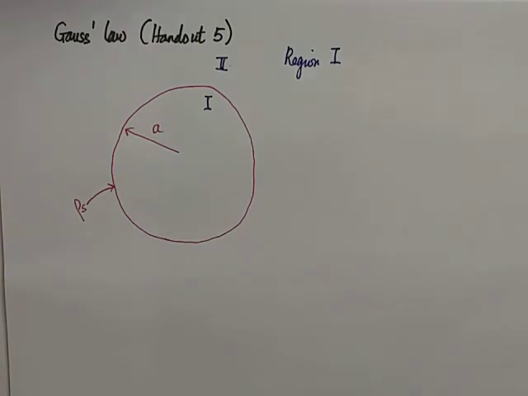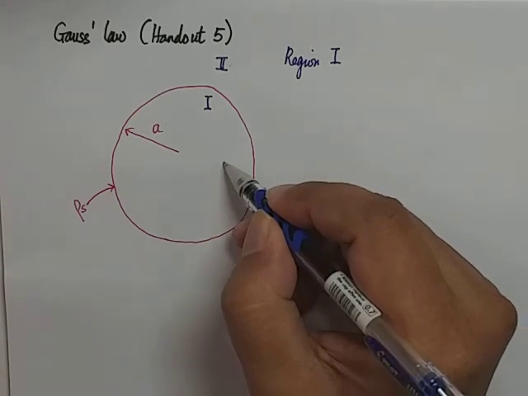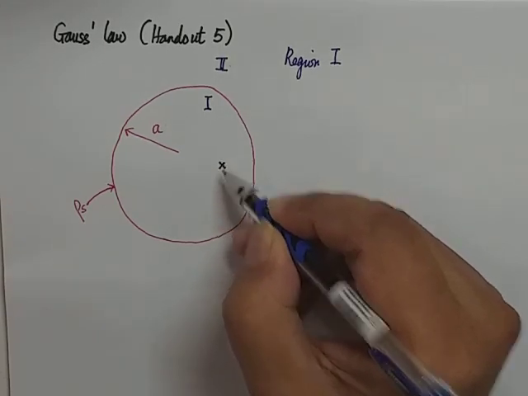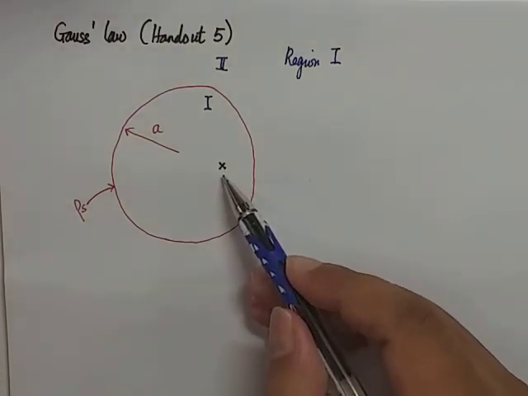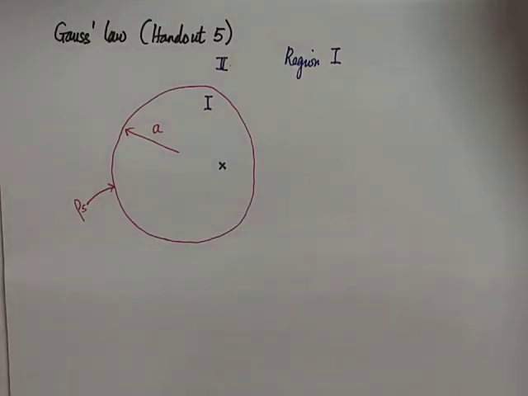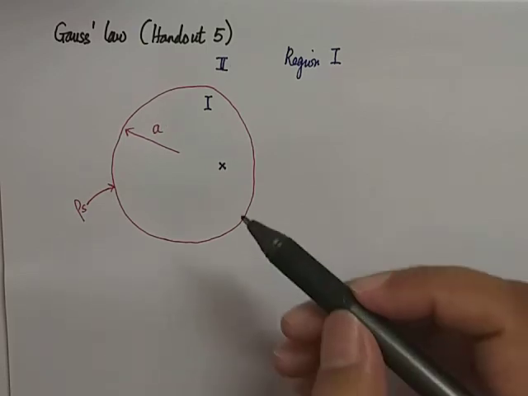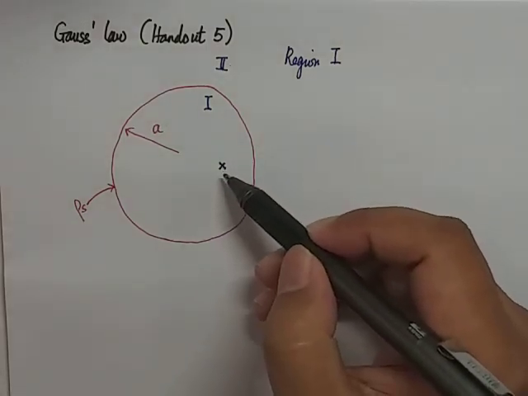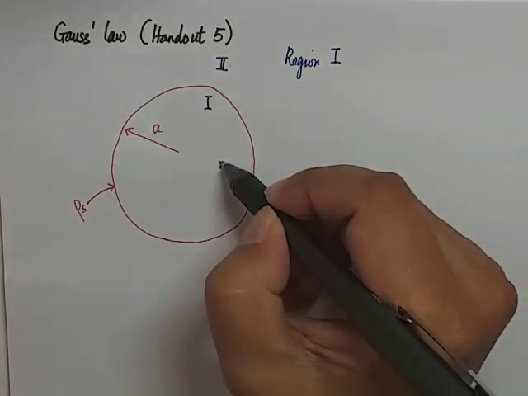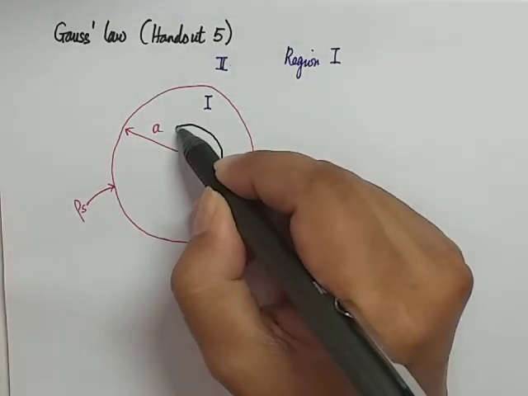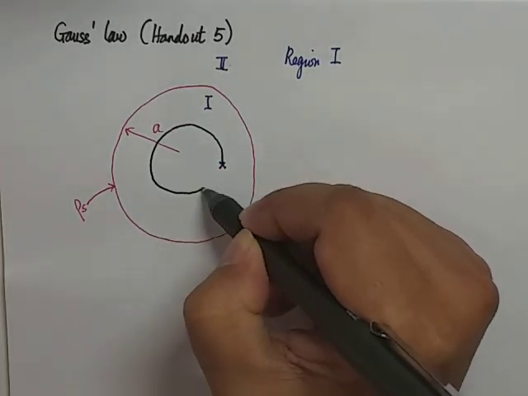So what we did before, we clearly defined a position in region number 1 where we want to find the electric field density. That should be our representation of the general position of region number 1. Then what I have to do, I have to build a Gaussian structure. Should be passing through this point of interest, and second characteristic should be completely closed. So I'm going to define that to be another sphere.